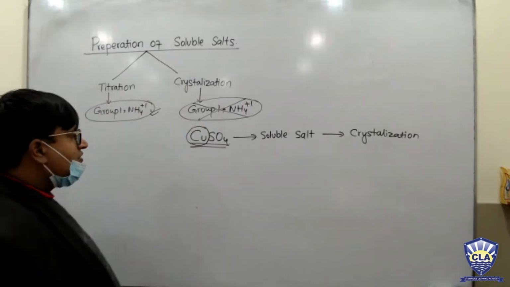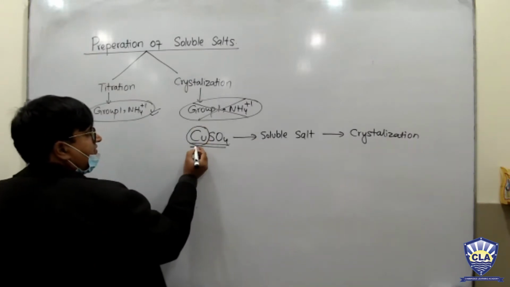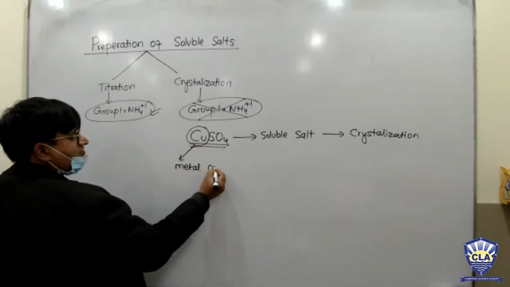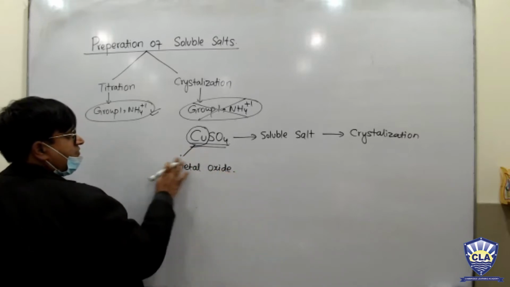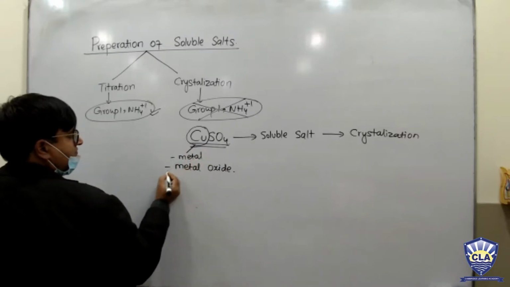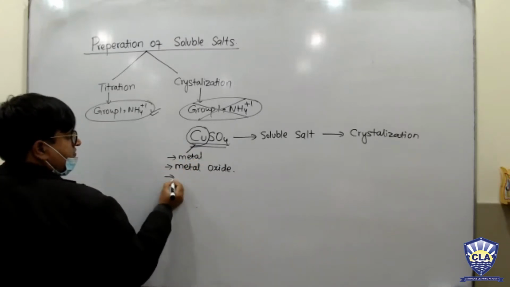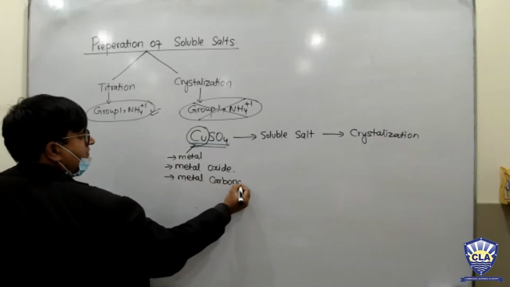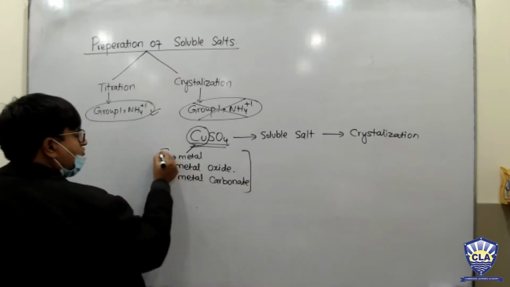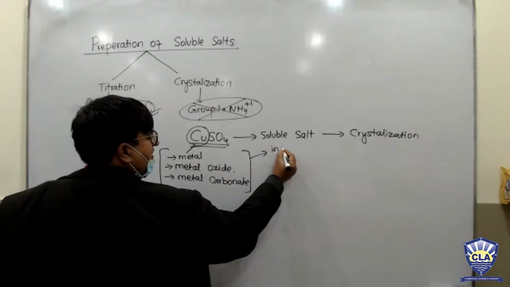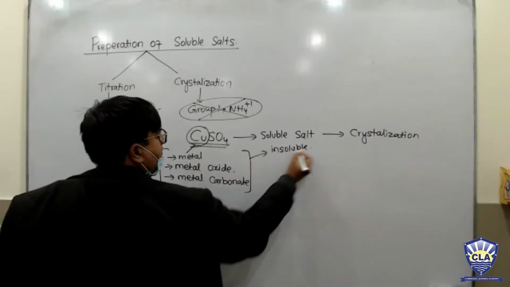Okay, so what you will do, my dear, keep in mind that you could take the metal, the metal oxide, or the metal carbonate, and all these three things are insoluble in water.